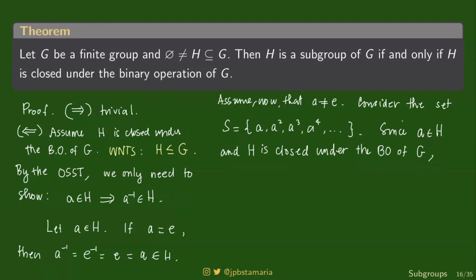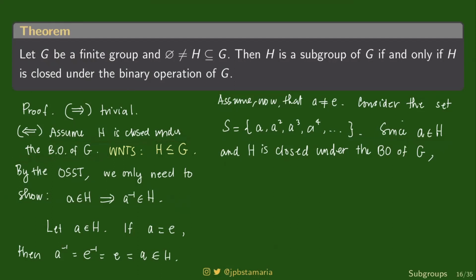Si A nasa H. So, nasaan si A squared? Si A squared kasi, take note, ay A times A. Kasi A nasa H. Nasaan yung A times A? Si H ay closed under the binary operation. Assumption yun. Ano mangyayari? Si A squared nandoon din sa H.